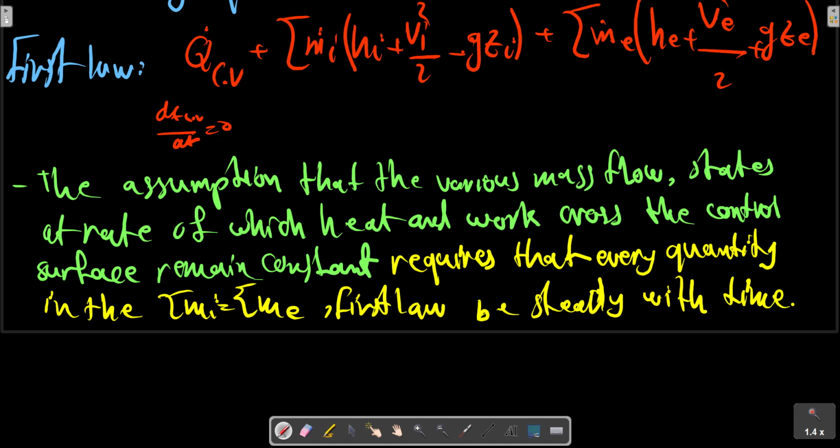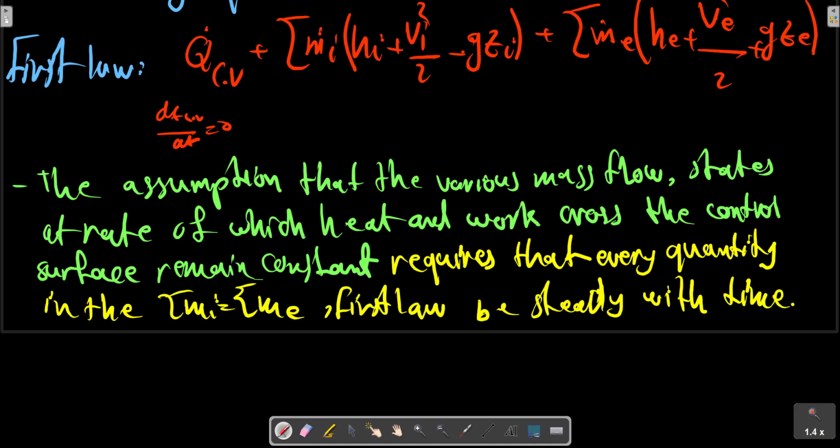This means that the application of the continuity and first law for the steady state to the operation of some devices is independent of time. Many applications of a steady state model are such that there is only one flow stream entering and one leaving the control volume.